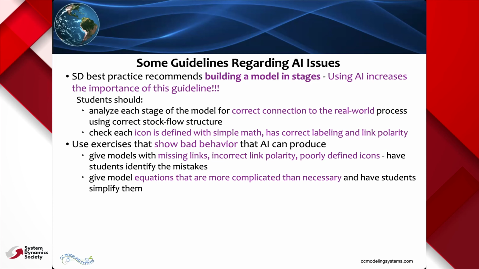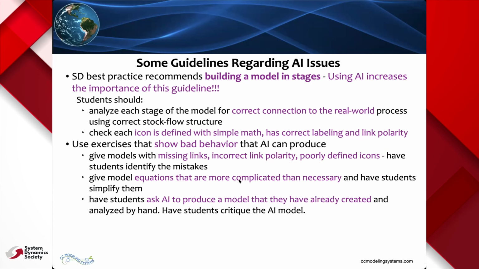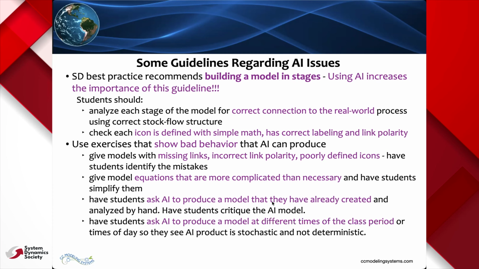So they've got to really start looking at the equations that AI is giving them in the model icons that it's giving them. Have students ask the AI to produce a model that they've already created and see the difference between the model they've already created and the model that AI has produced, and analyze the pros and cons of those different methods of producing a model.